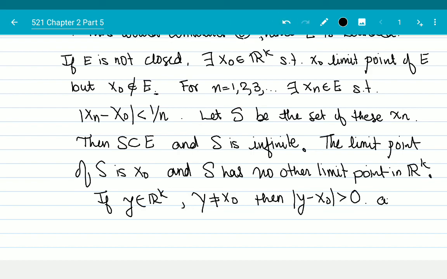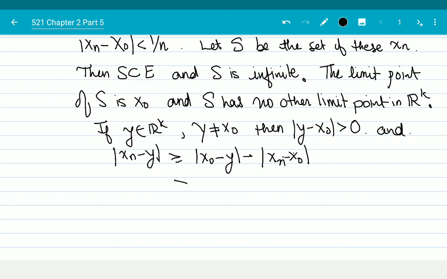And the distance of xn minus y is greater than or equal to the distance of x naught minus y minus the distance of xn minus x naught, by the triangle inequality.